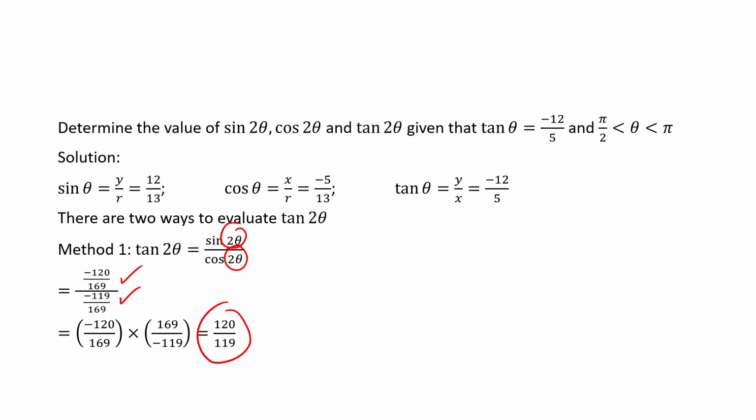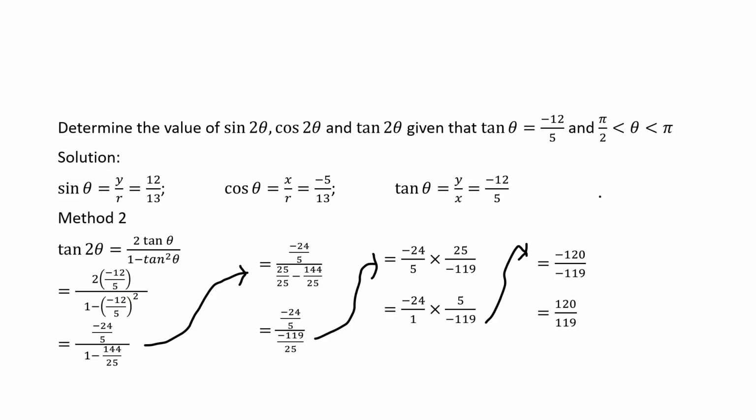Now you might say, why don't we use the double angle formula for tan? We can. If we want to use the double angle formula for tan, then we remember that tan theta is equal to negative 12 over 5. So we have 2 times negative 12 over 5 in the numerator, and 1 minus negative 12 over 5 quantity squared in the denominator. 2 times negative 12 over 5 is negative 24 over 5.